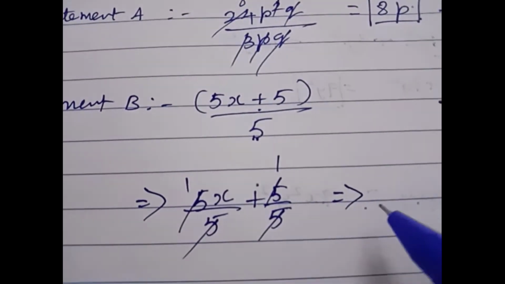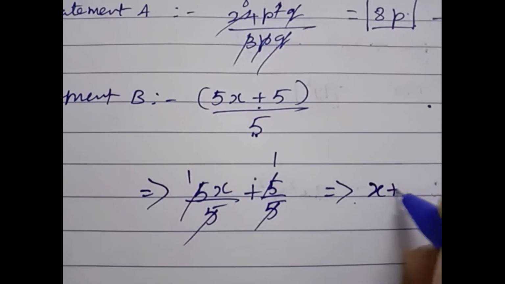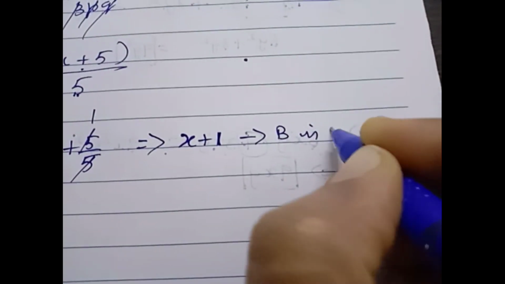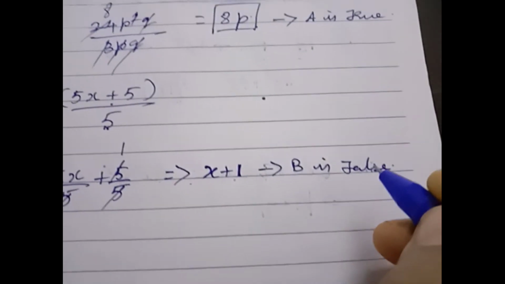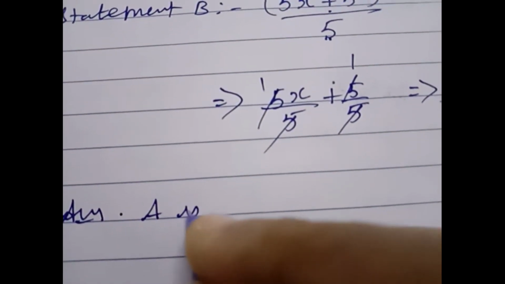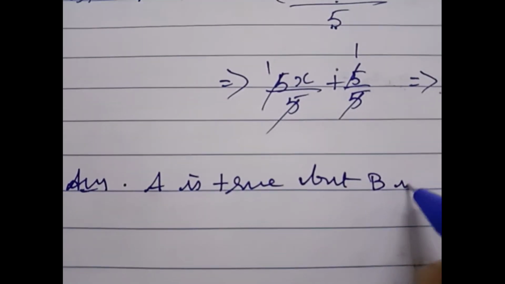So your answer is x plus 1. But here they given as 5x, which is false. So B is false. Take and write A is true, but B is false.